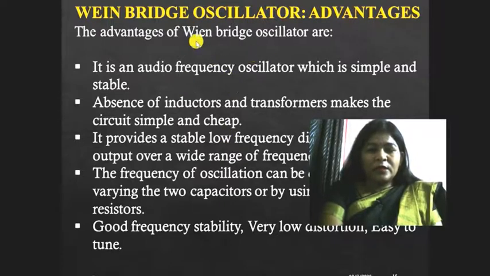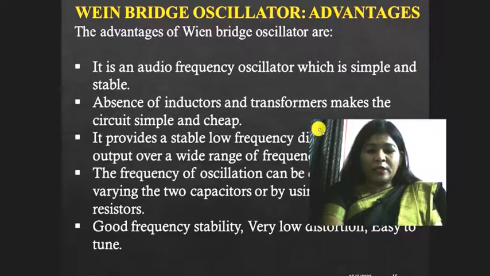Here the advantages of the Wien bridge oscillator are: first, it is an audio frequency oscillator, as we already discussed, and it is very simple for designing purposes, simple and stable. Absence of inductors and transformers makes the circuit simple and cheap.